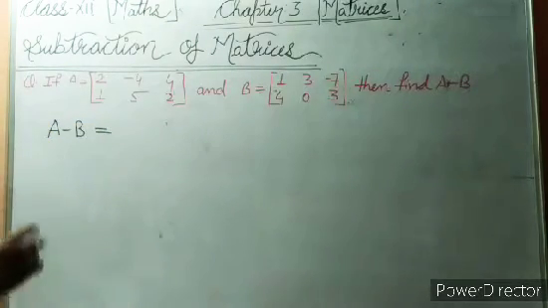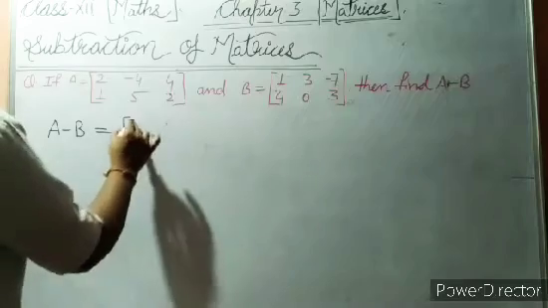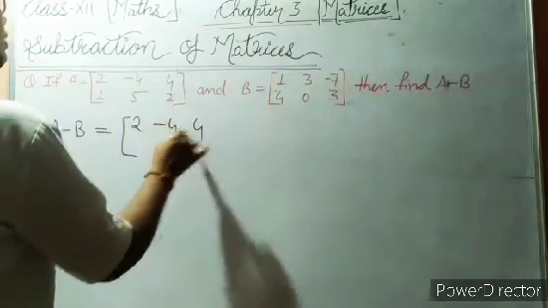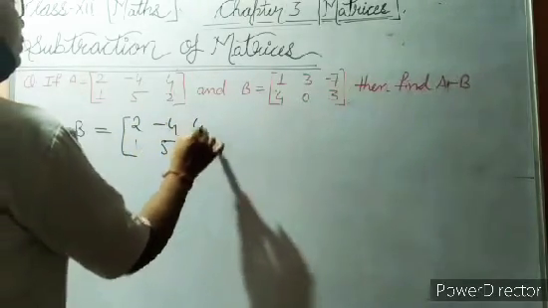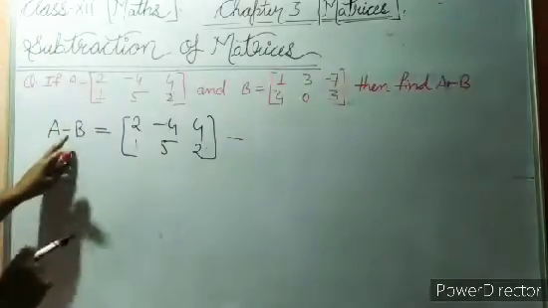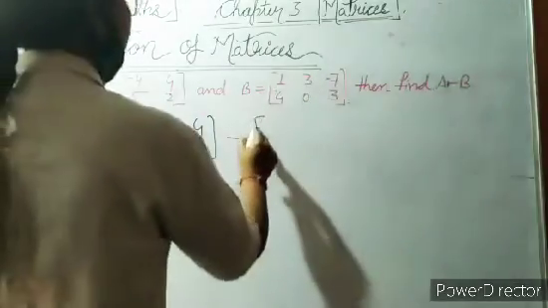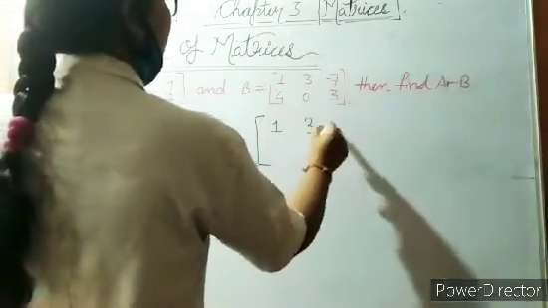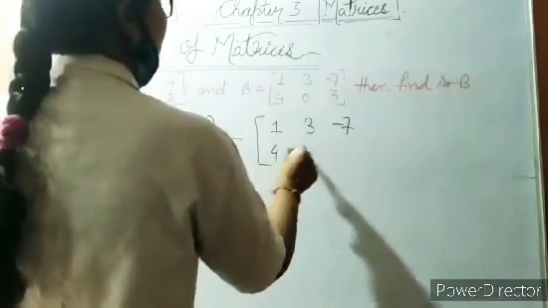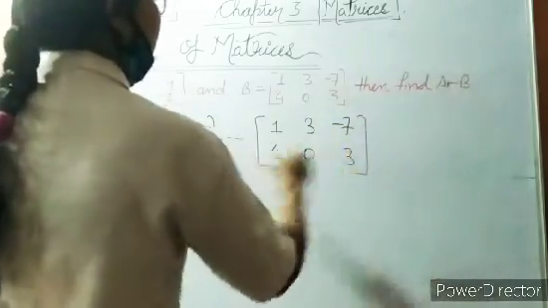For A minus B you do one thing. You write simply first [1, 5, 2], then you put minus because the question asks minus, and you write [1, 3, -7; 4, 0, 3].